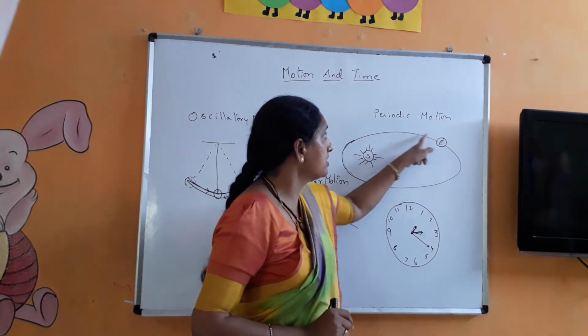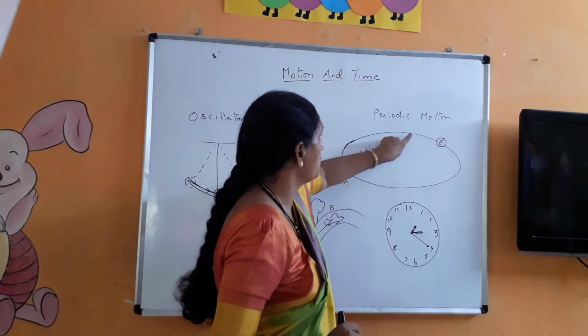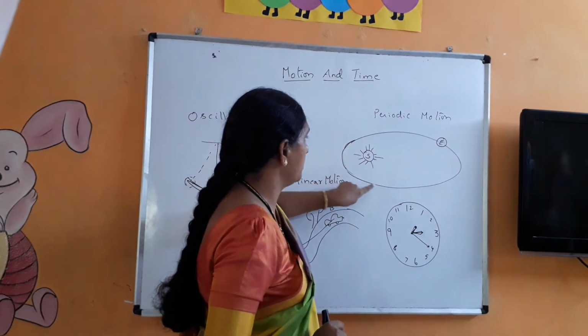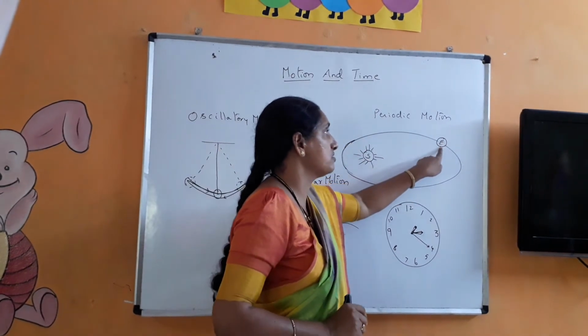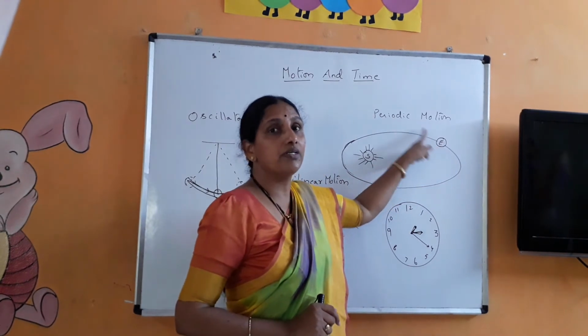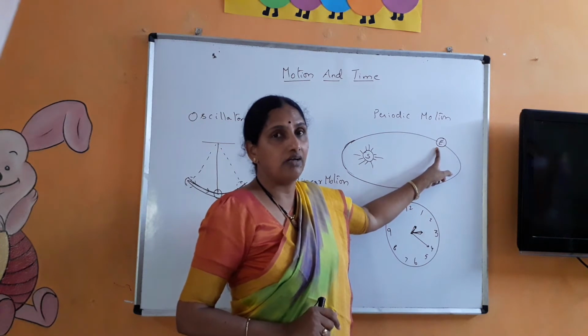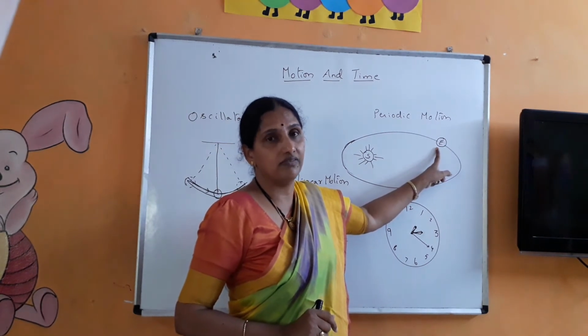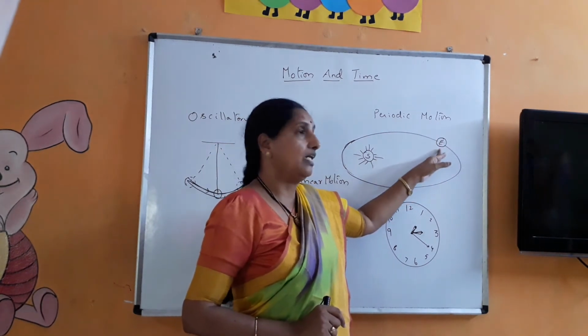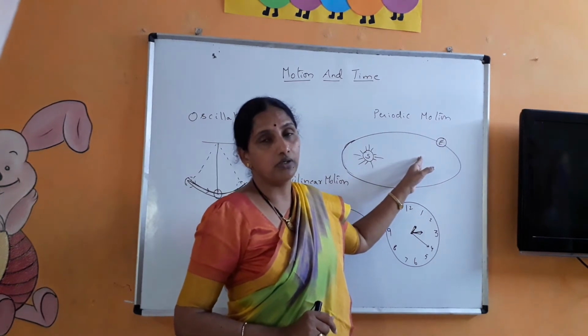Then its journey is repeated again. It crossed this point, moved along, and again reached this point. So it repeated its journey after 365 days. That means it is under periodic motion.